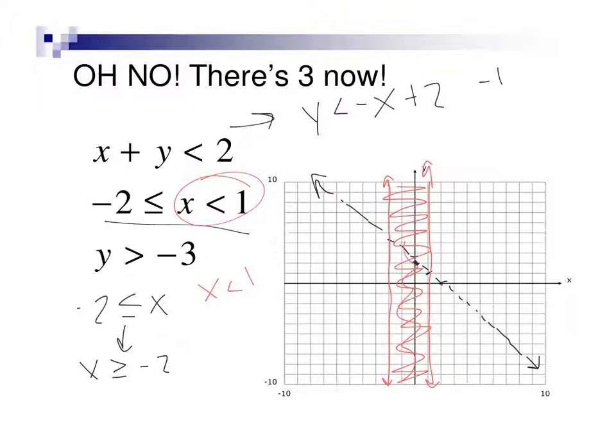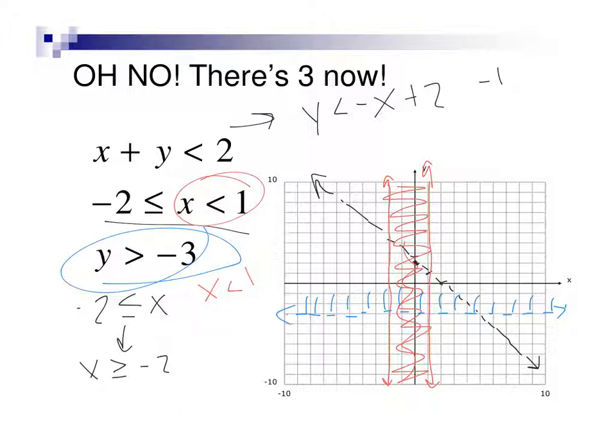Okay, so that's where my shading is going to be for the red line. I'm going to do the y-axis one in blue. So we're going to graph here a horizontal line at negative 3, and it's going to be dotted. Okay, like that. And this is everything greater than negative 3, so it's going to be everything up here.